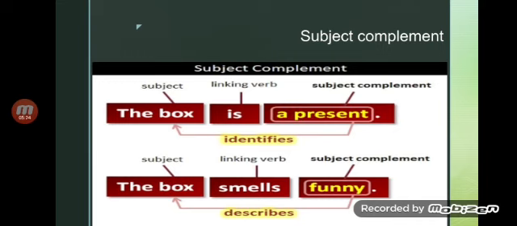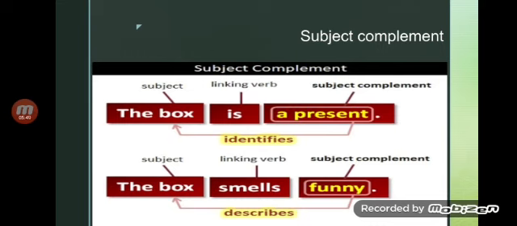All the points discussed in the previous slide apply here. What are those points? Number one, the complement describes the subject, so it is called the subject complement. These are words that usually come after the linking verb.